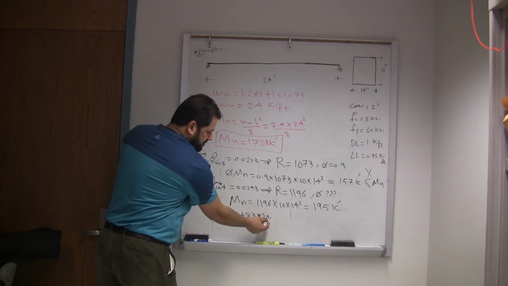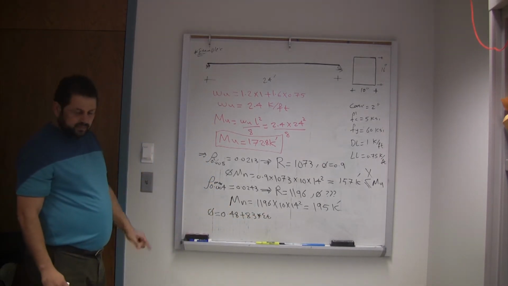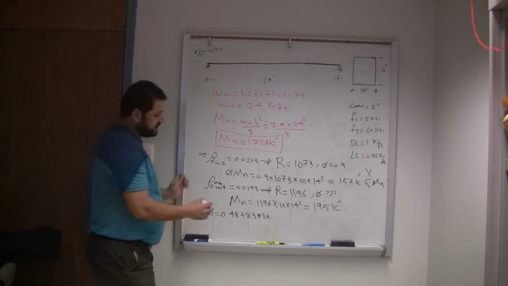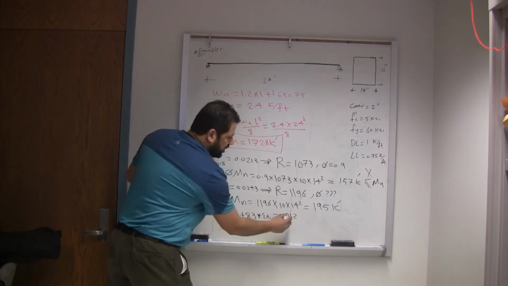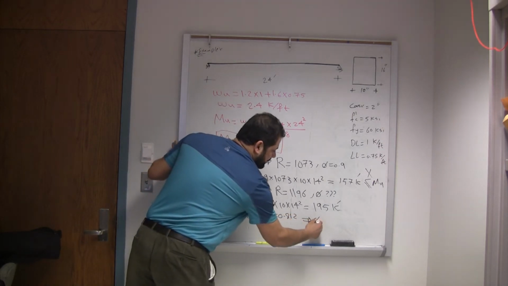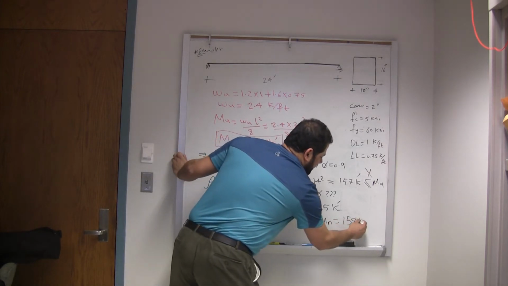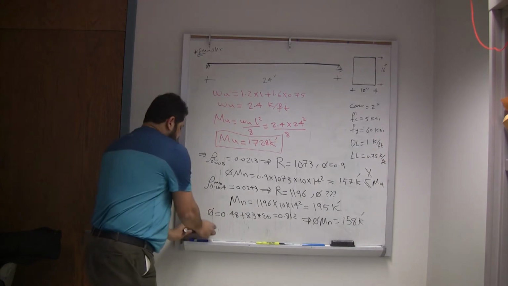If that number is 0.004 times 83 plus 0.48, it's 0.812. So how much is phi Mn now? 158. 158 foot-kip. Now just watch this.